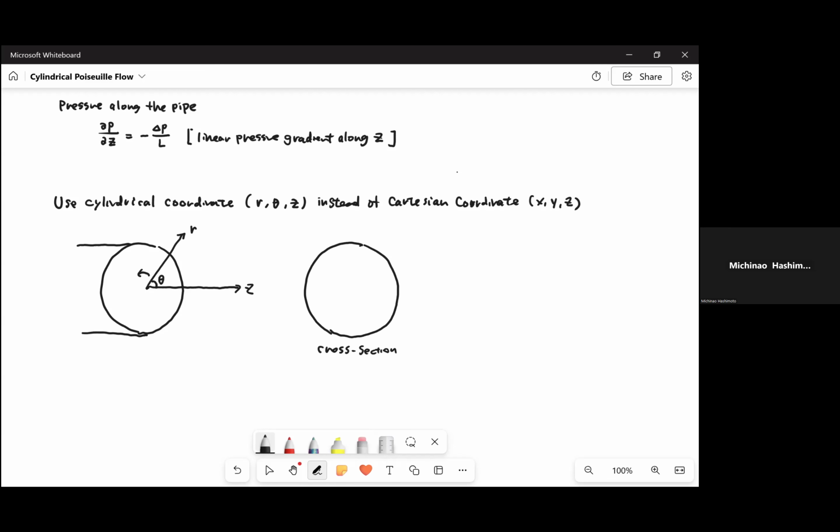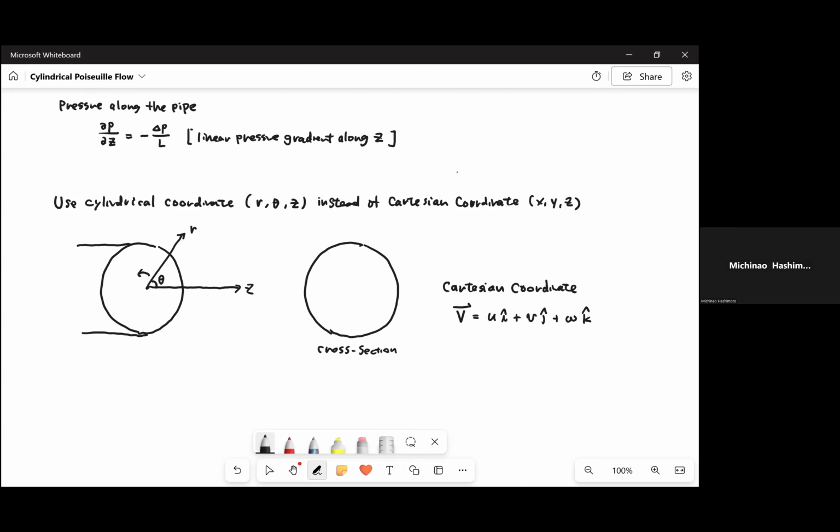When we look at the Cartesian coordinate, we had the velocity V as u i plus v j plus w k.